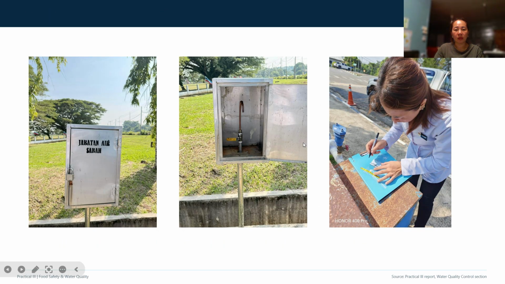Okay, these are a few of the sampling points where I take the samples. This one is Jabatan Air Sabah Main, and before we take the sampling, we must record the time, record the date, and what sampling you do, whether microbiological or chemical.